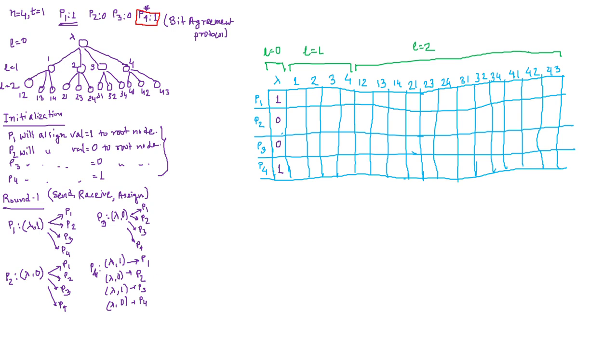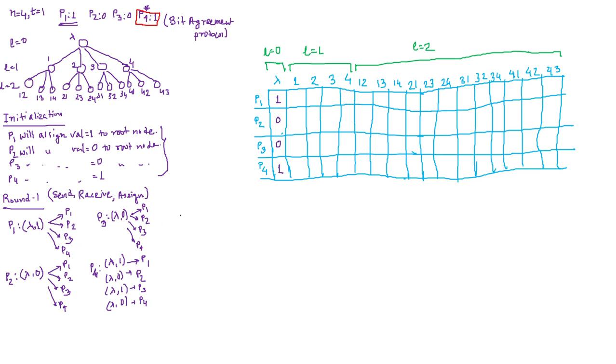This is arbitrary behavior. Honest parties will always send the same value to all the other parties. They will not lie, but P4 can lie about its value arbitrarily to other parties.